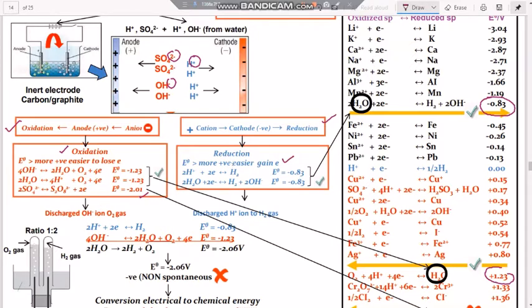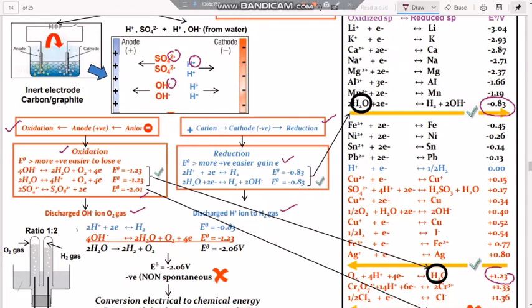So you understand, there is a competition taking place between the ions to undergo discharge. For example, the H plus ion, at minus 0.83, is discharged and becomes converted into hydrogen gas. Here the discharged OH minus ions convert into oxygen gas.